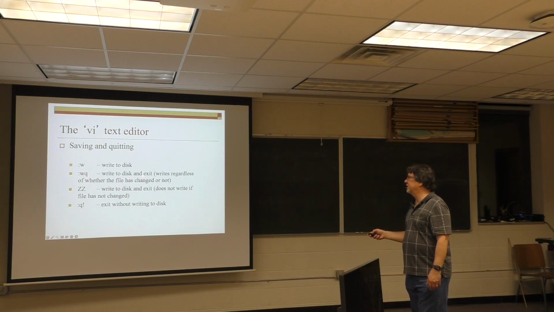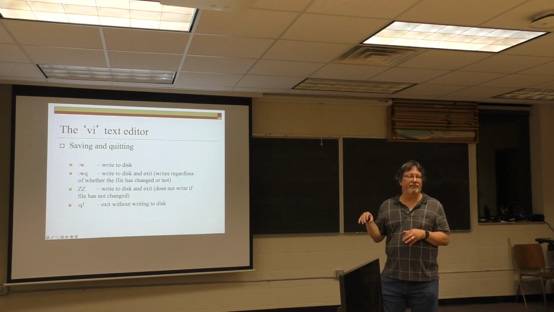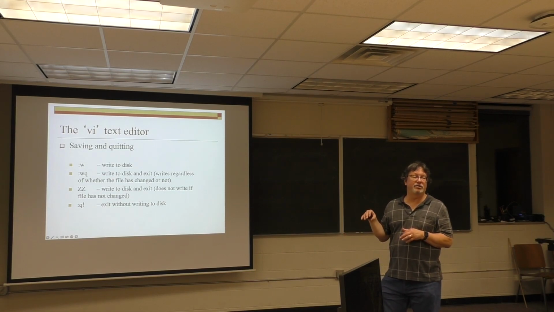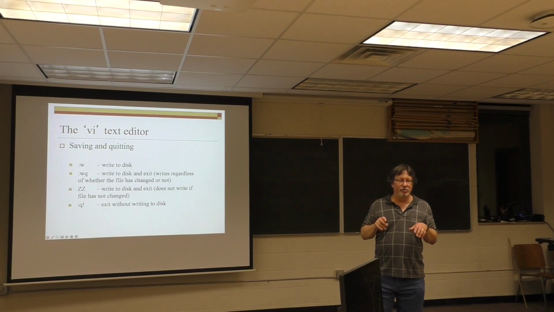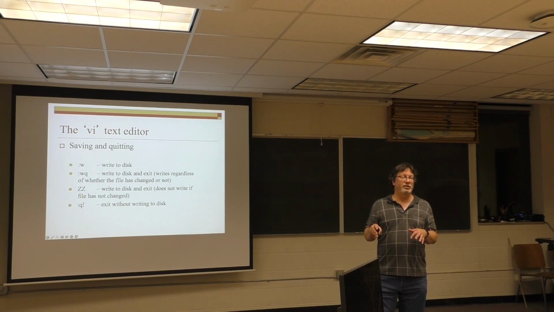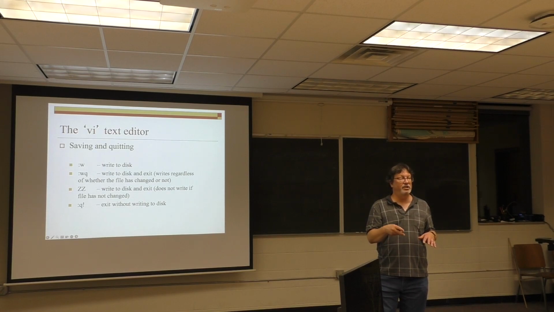:wq will write to disk and exit. In that case, it will write the file to disk and change the modification time, whether you've made any changes to it or not. So if you open a file, don't do anything, and :wq, it's going to save the file back out, and if you look at the file, it'll have been changed right now rather than whenever it was last.